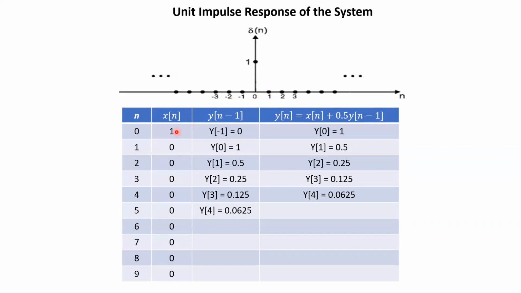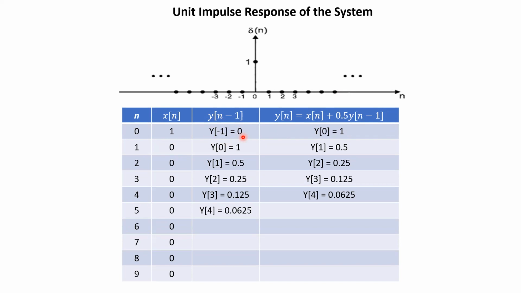In this difference equation we have the element y[n minus 1]. If you substitute 0 there, we need y[minus 1], which, because the system is initially at rest, equals 0. I am just substituting this value from the given condition.